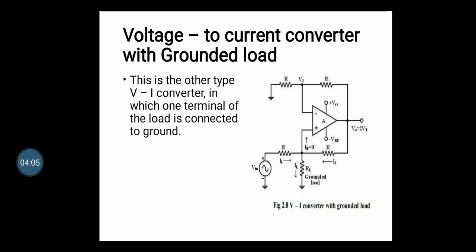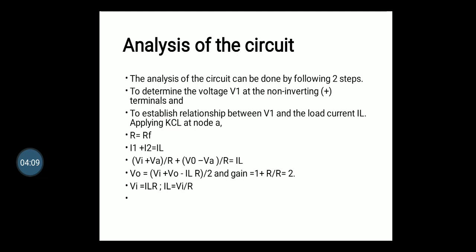Here the base current is 0. That is, the input voltage VI is converted into the output current of VI by R1. It may be seen that the same current flows through the signal source and the load, and therefore the signal source should be capable of providing this load current.